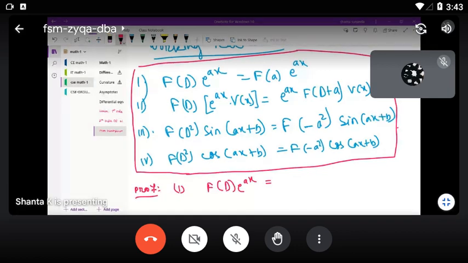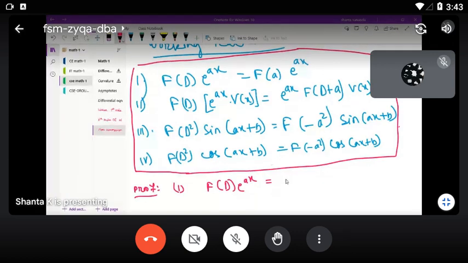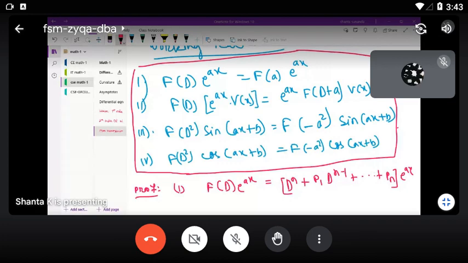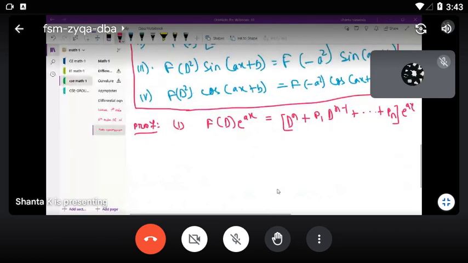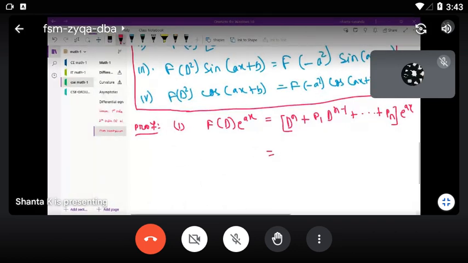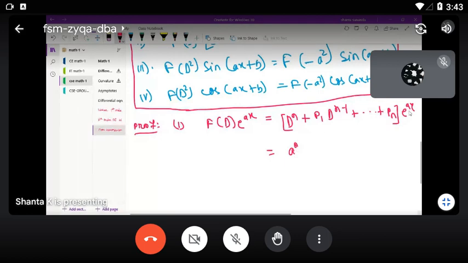I was talking about the second order, but it will actually work for the nth order. So here D^n, let me write it, with constants and e^(ax). Now you see what will happen here. If you operate n times, you will get a^n. First you differentiate, you get a times e^(ax). Then the second time you get a squared.